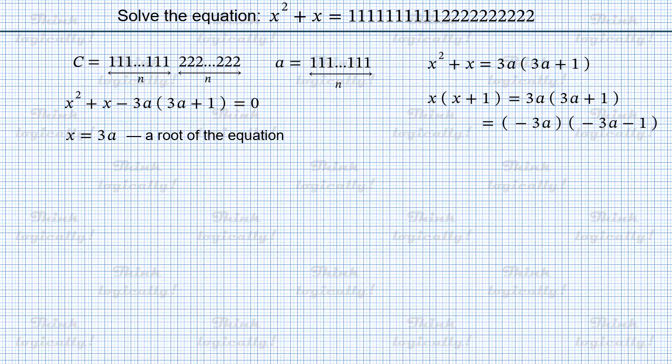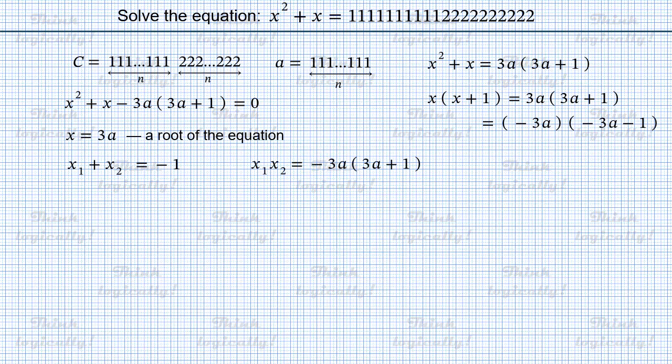Now, according to Vieta's formula, the sum of roots is minus the coefficient for x, which is 1 in our case, meaning that the sum of roots is -1. The second Vieta's equality tells that the product of roots is equal to the free term, which has minus. This time the sign is not going to change, so we write the product with minus.